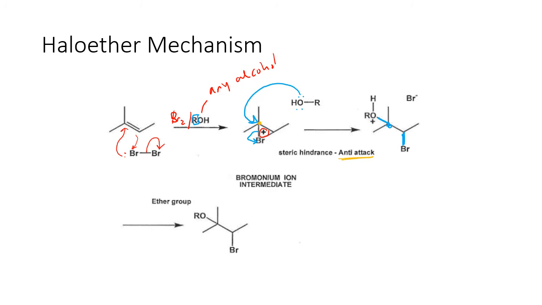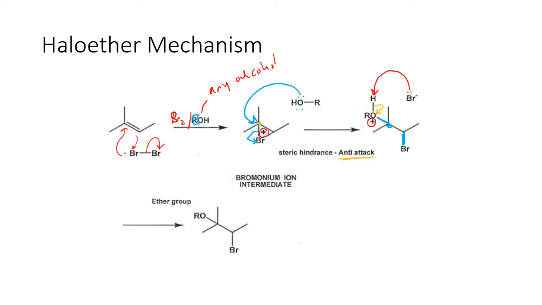Our oxygen has a positive formal charge on it because it has 3 bonds and 1 lone pair of electrons. To get rid of our positive formal charge, we use our bromide ion that was formed in step 1. One of the lone pairs of electrons can come over and attack the hydrogen ion and grab that. And so the electrons in between there will stay with the oxygen.